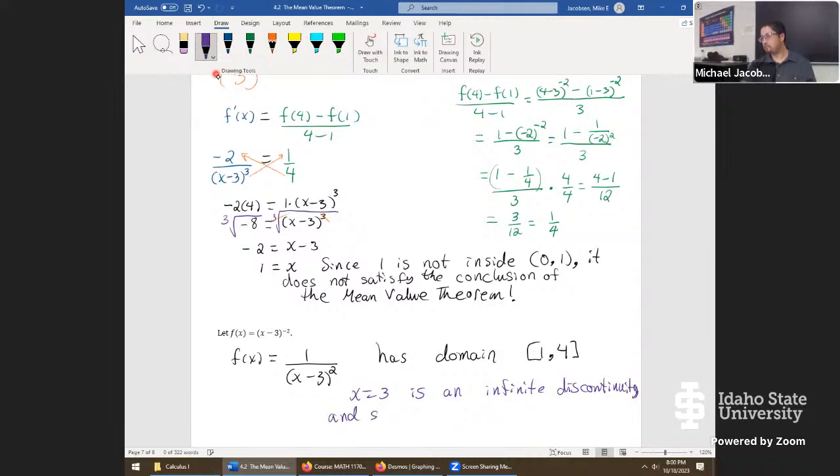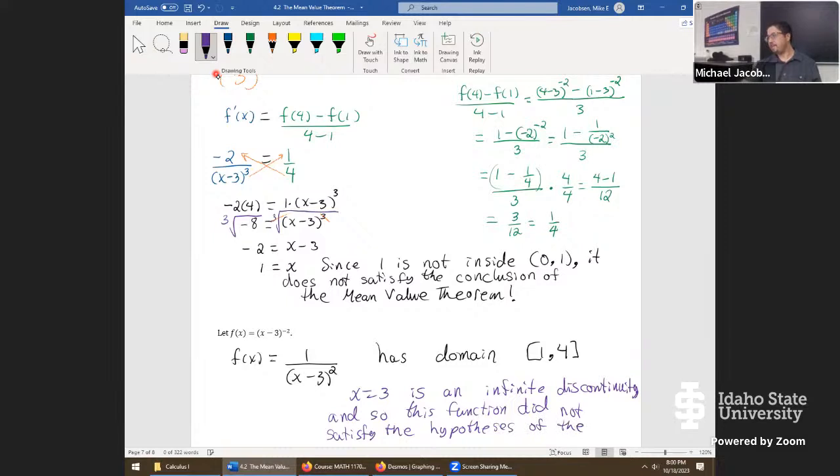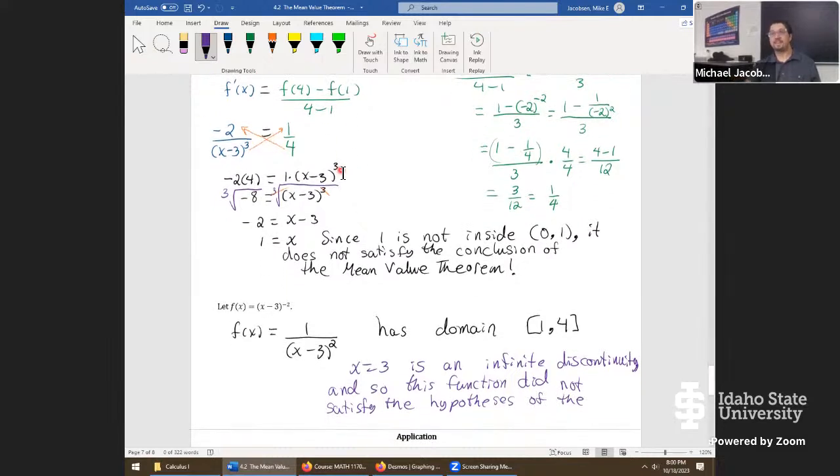And so this function did not satisfy the hypotheses of the mean value theorem. Lots of writing on this problem.